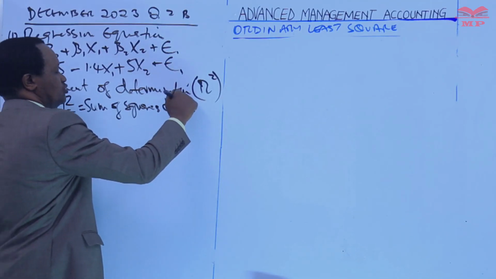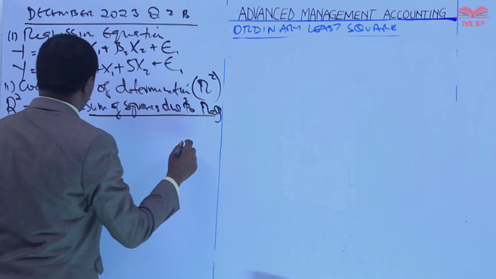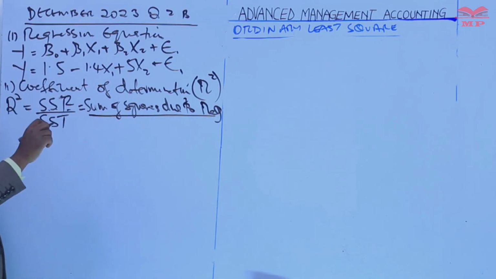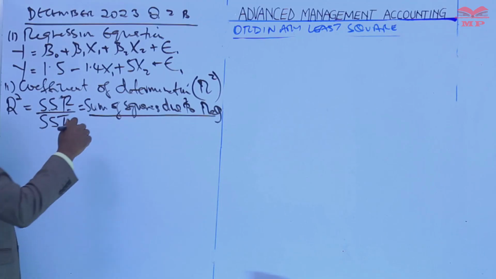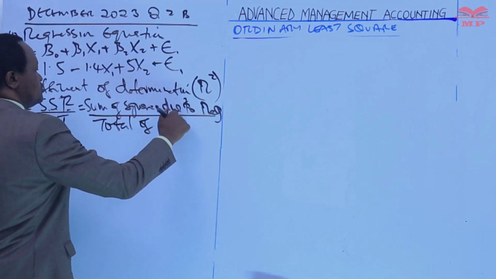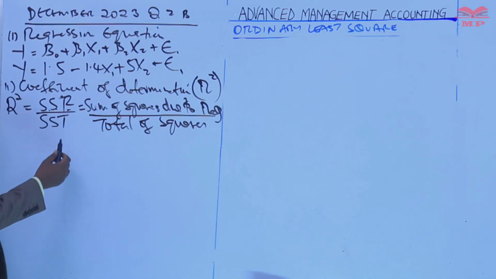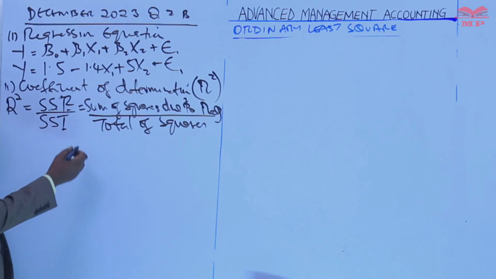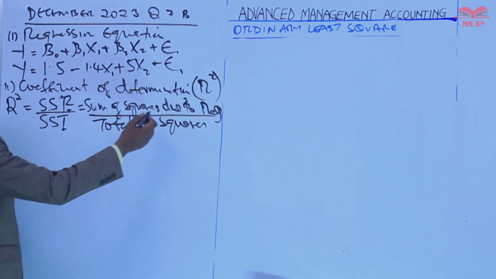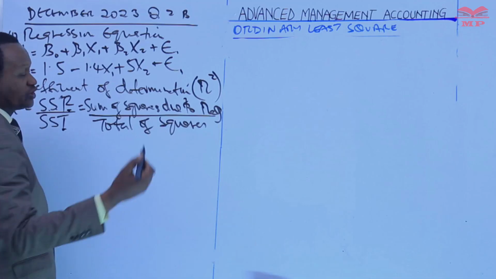We divide by the total of squares, SST. This represents total. This is regression. Sum of squares due to regression divided by the total of squares.